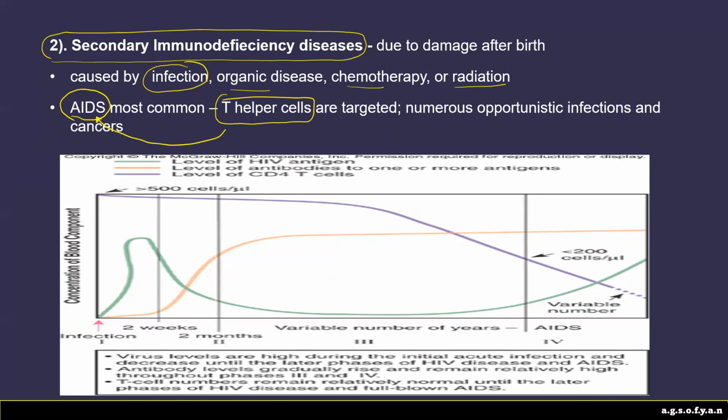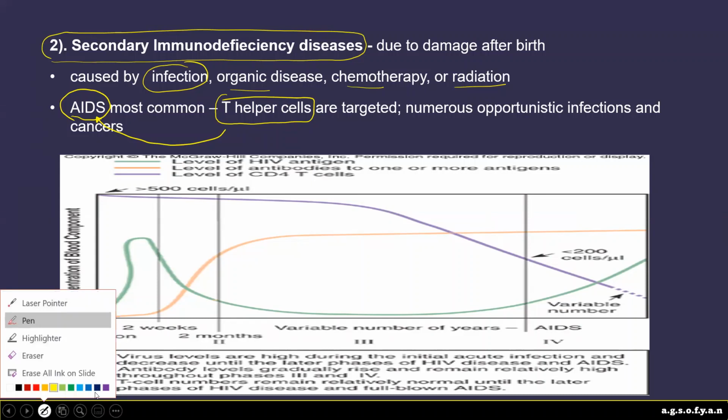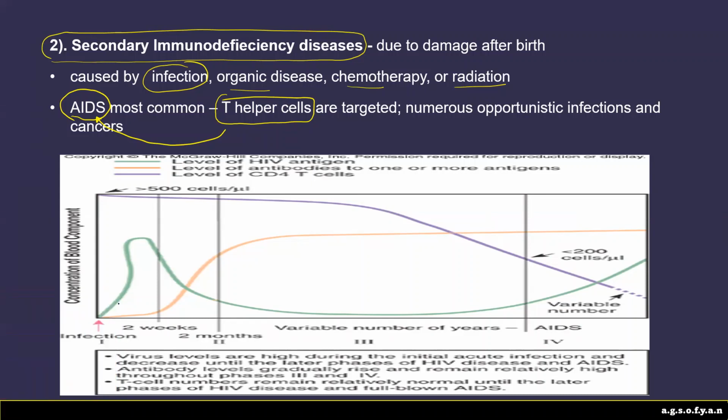Look at this diagram over here. During the initial infection, HIV enters into the system. It is going to increase, and then it will decrease because our body produces the antibodies that destroy some of the HIV.